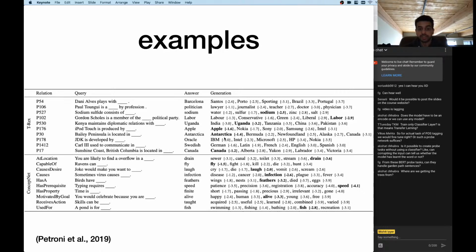So you can see here some of these questions the model is pretty good at. Others, like "JDK is developed by [blank]," it is not good at, which you can use as a proxy for whether the model has understood this particular fact or memorized it from its pre-training data.